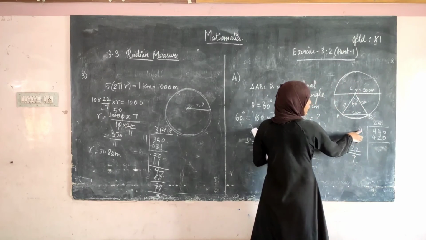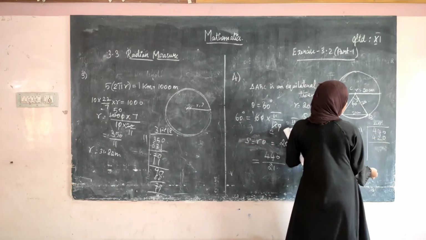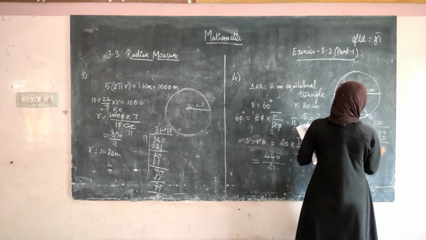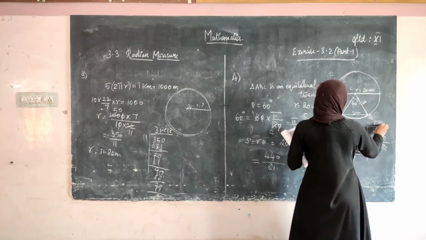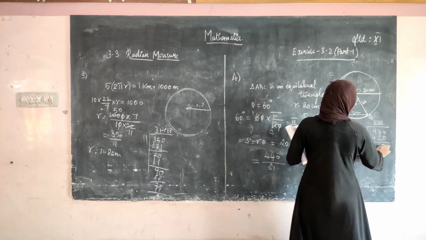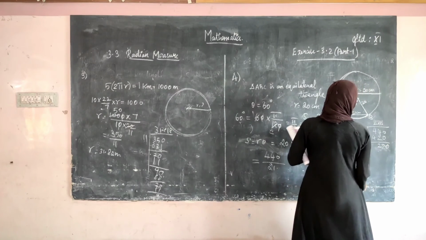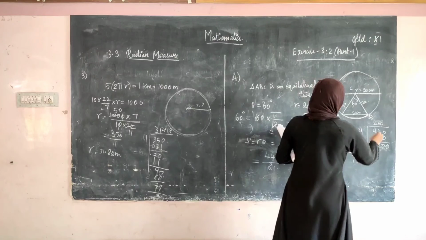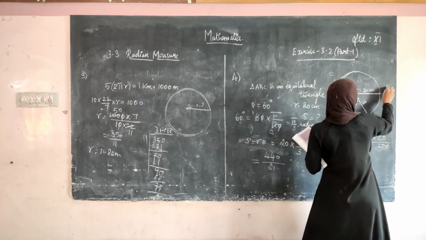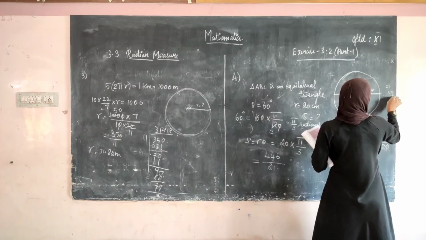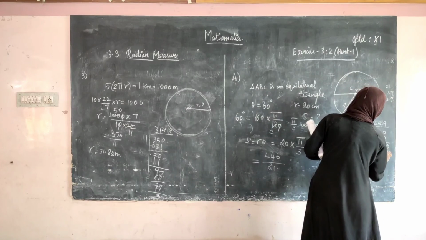So 420 means again you will be having 200 here. 21 into 9 is 189.